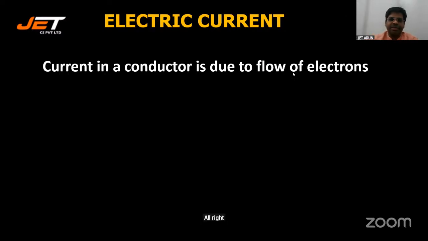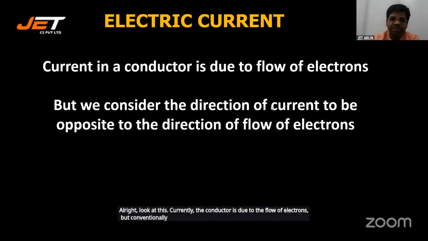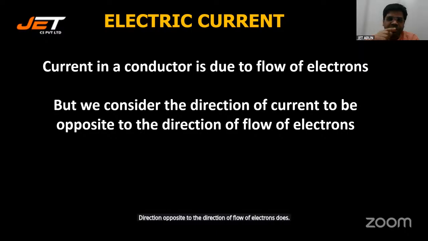All right, look at this. Current in the conductor is due to the flow of electrons, but conventionally, we consider the direction opposite to the direction of flow of electrons as conventional current. So there are two kinds of current: electronic current and conventional current. Only one current flows, that's electronic current. But conventionally, we consider the direction of current to be opposite to the direction of flow of electrons.